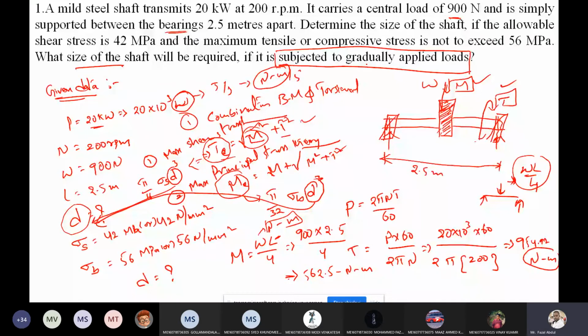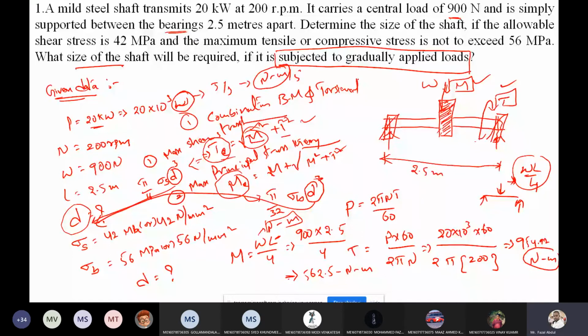It is transmitting power, and simultaneously loads are gradually applied from outside. By seeing this statement, you need to conclude this type of problem involves application of fluctuating loads.